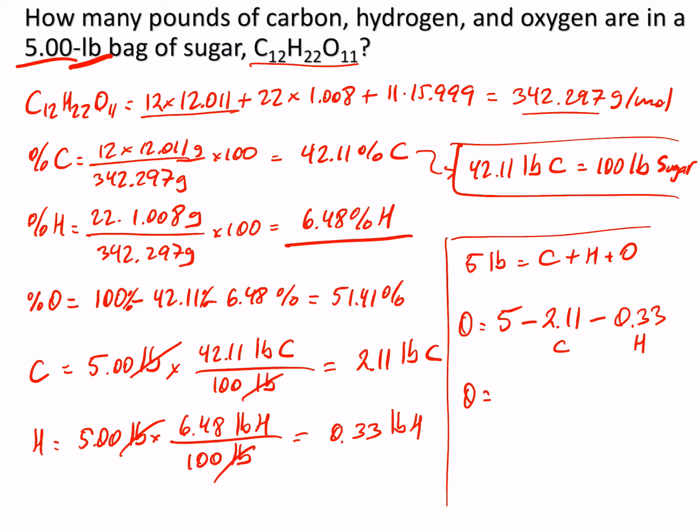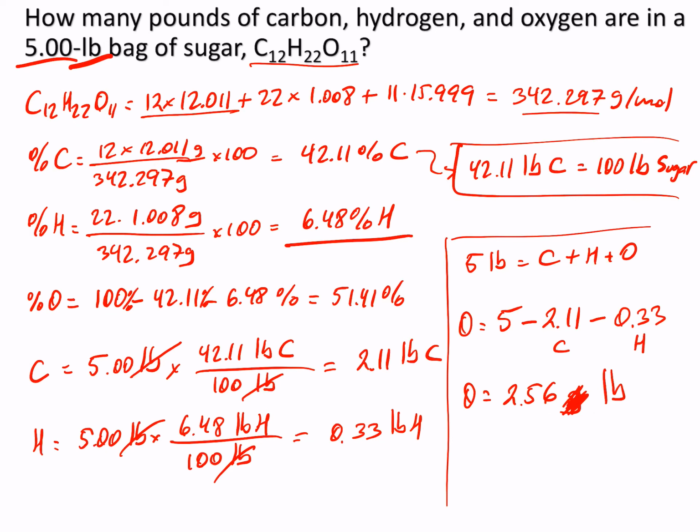So oxygen is 2.56 grams. Oh, sorry, it's not grams, it's pounds. You have 2.56 pounds of oxygen in that bag. So this is how you can go from percent composition to mass composition in that particular bag.